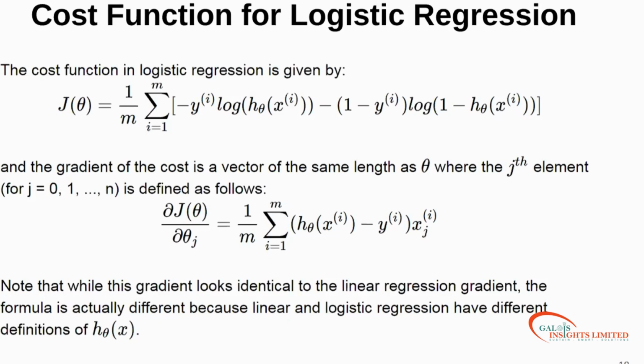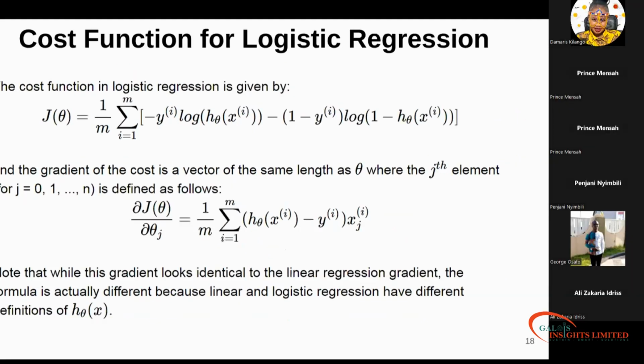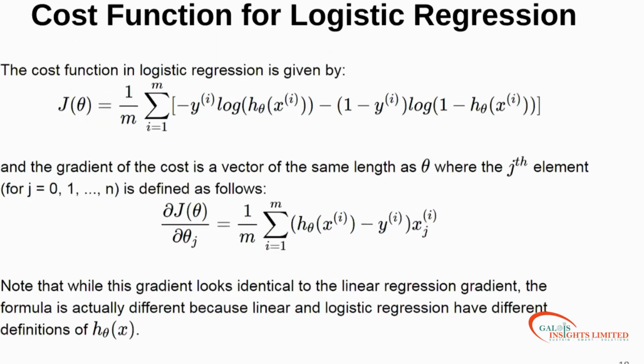Because if you take h theta of x i minus y i, we can explain that in terms of the data: h is the regression, y i are the predicted variables, and x j i are the inputs. But what about the one minus the predicted? Because the predicted are so many, we take one minus the first, one minus the second, and so on. How do we explain that in simple English, in terms of the data, with the log function and all this?